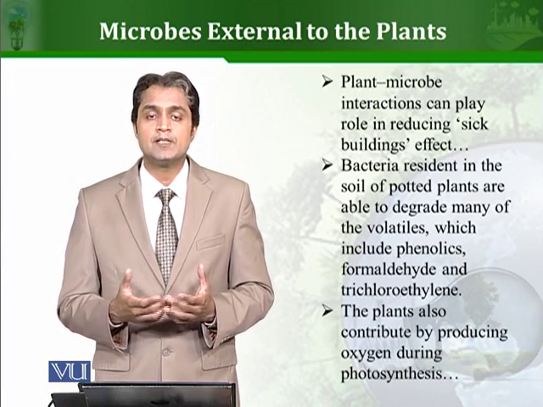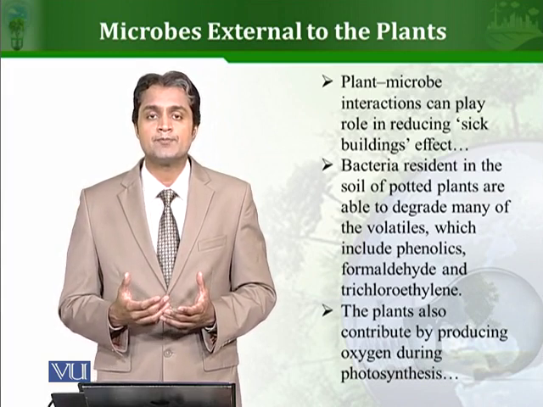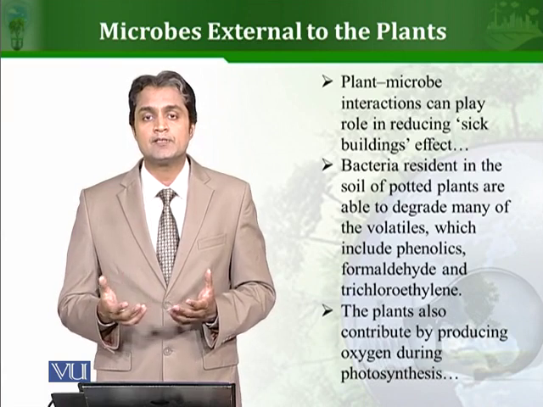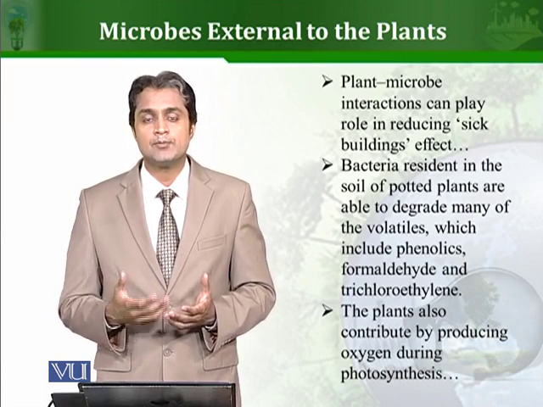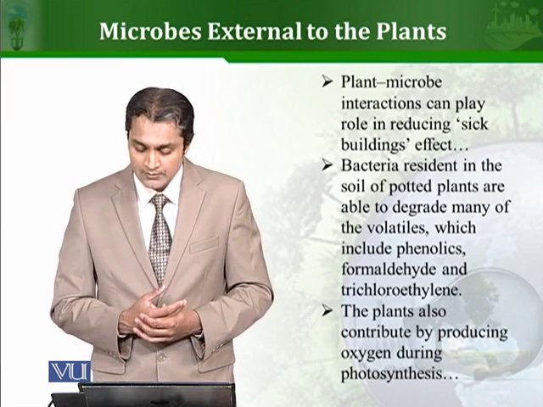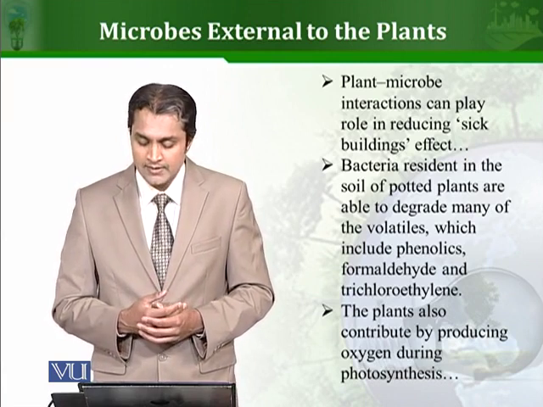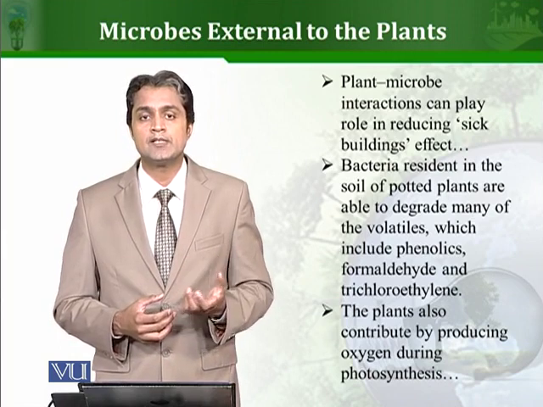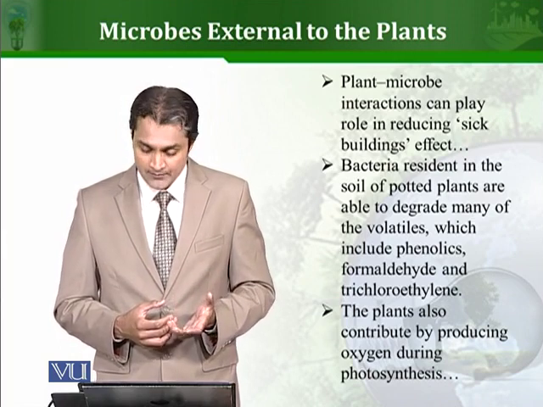For example, in different types of offices, there can be printers, maybe photocopiers, and so many other such machines. All those machines can potentially produce so many different volatiles, for example, phenolics, formaldehydes, and so many other compounds. Collectively, those can cause sickness of the people working in there.